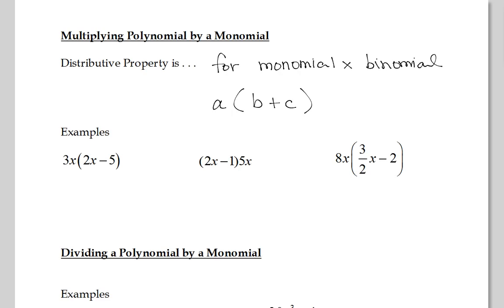It's basically an expression with 1 term multiplied by an expression with 2 terms. This has to be multiplied into both, and you would get a times b plus a times c. They call that distribution.